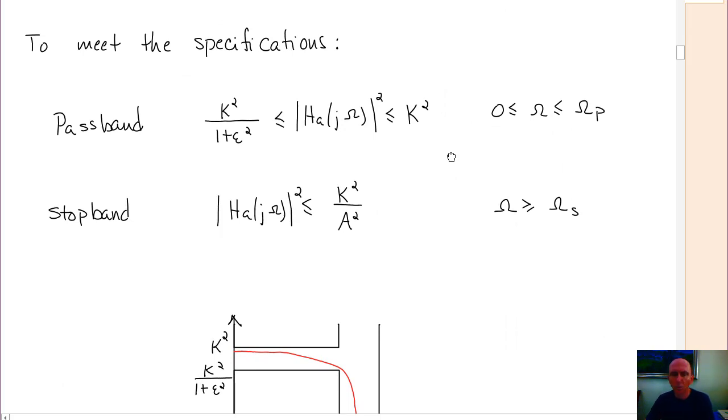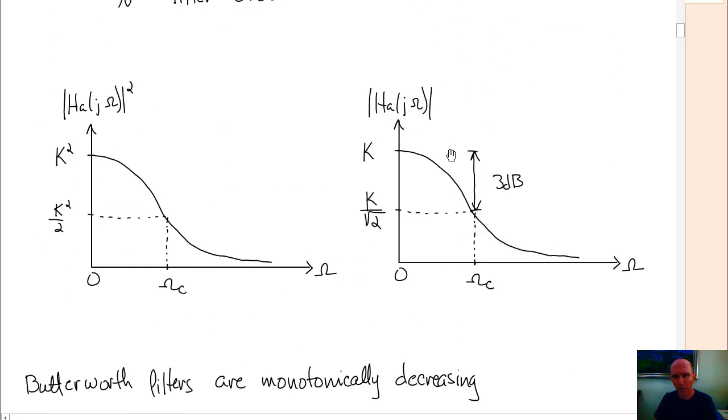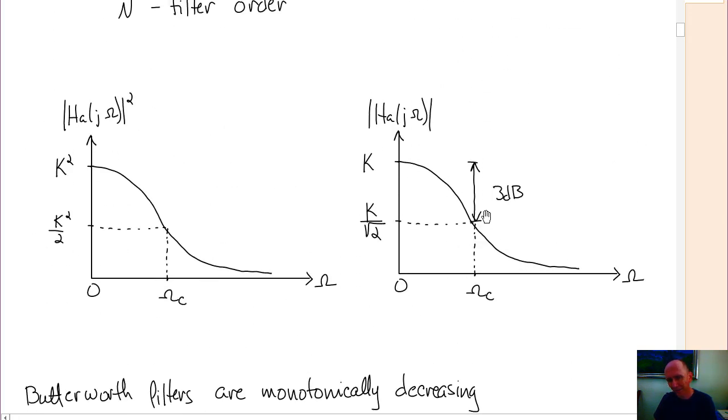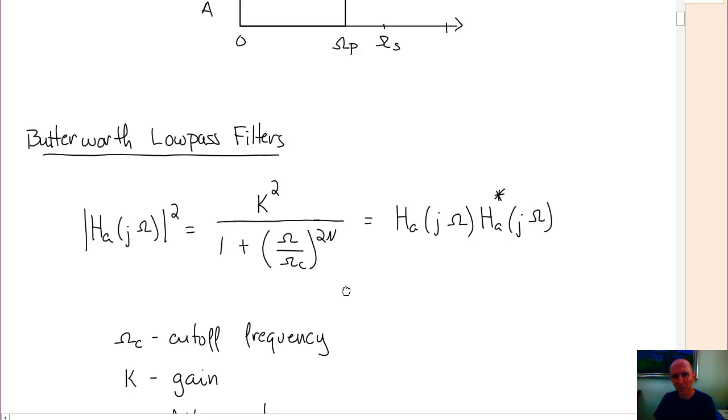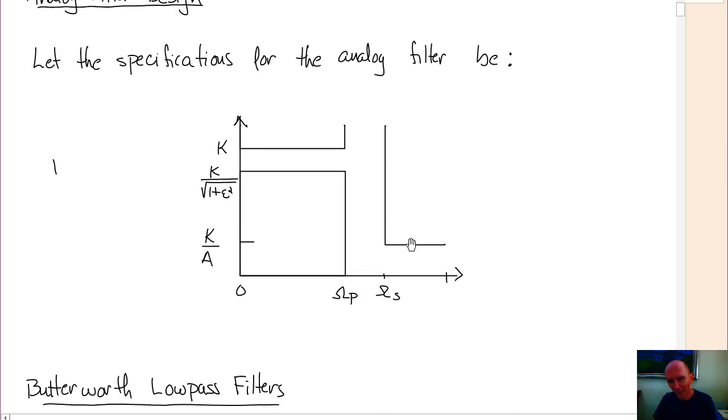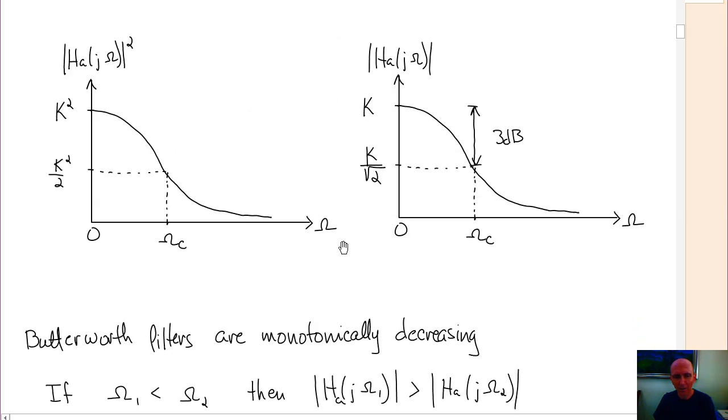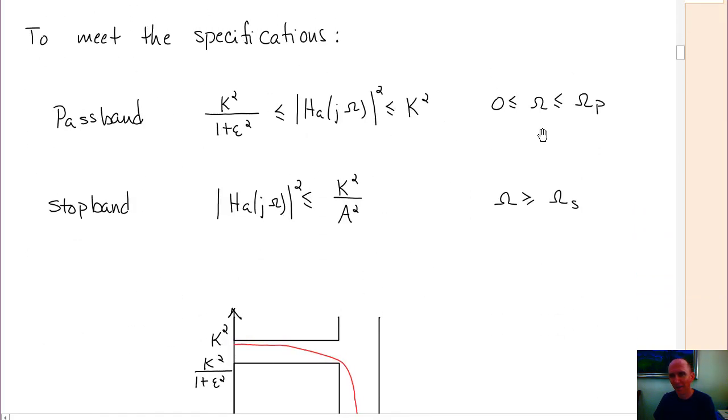Now, to meet the specifications, what it means is this line has to be inside this area here. So it means, in the pass band, from 0 to omega p, the magnitude squared has to be between k squared over 1 plus epsilon squared and k squared.